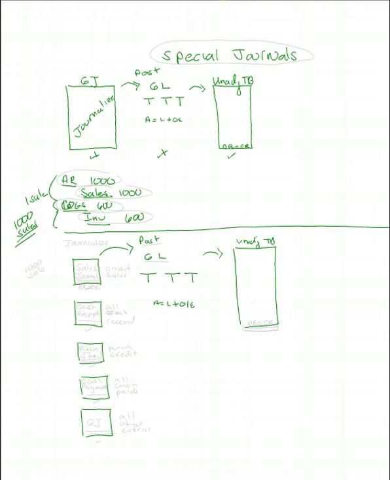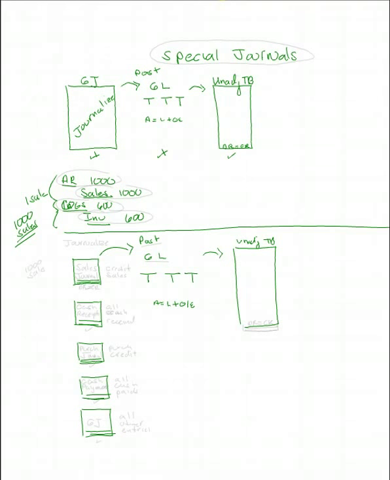So you journalize in each of 5 journals during the course of the month, and at the end of the month you total the journal, and instead of posting each transaction one at a time, account by account, you post only totals.